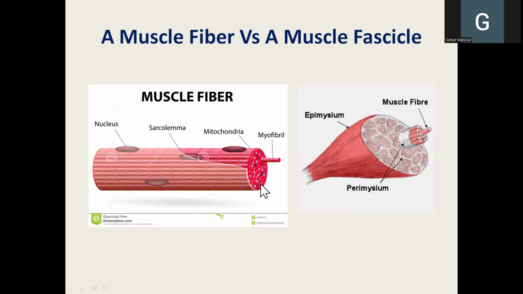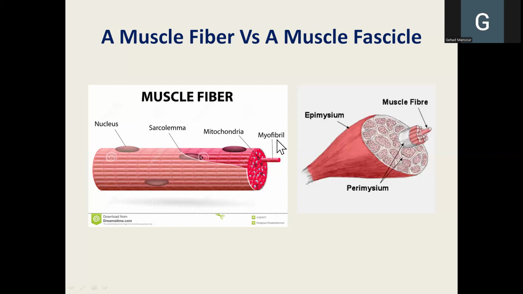And embedded inside the sarcoplasm of the myofiber, we can see smaller elongated cylindrical, spaghetti-like structures, which we call the myofibrils. And the myofibrils are the structures that are responsible for the striations of the skeletal muscle fiber.